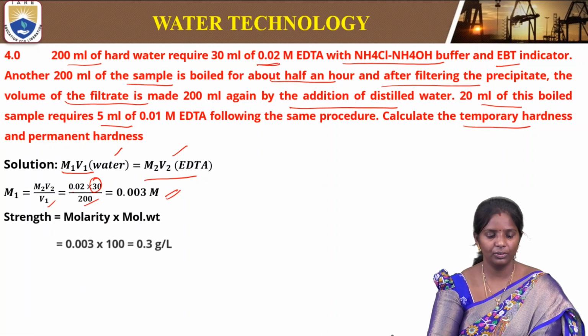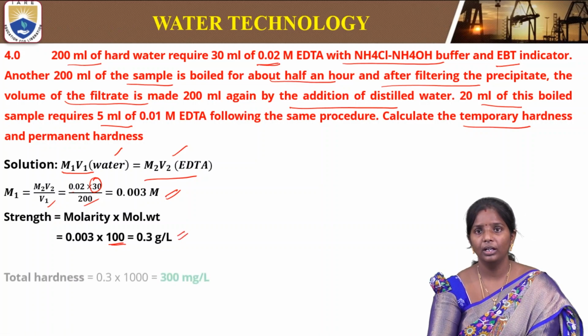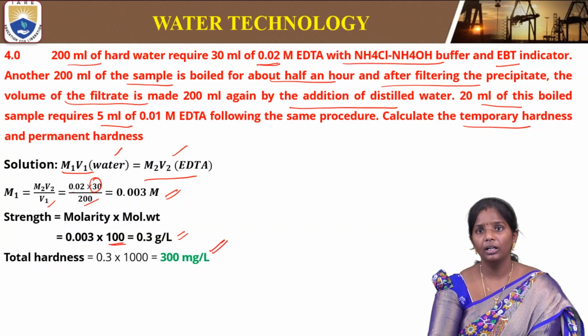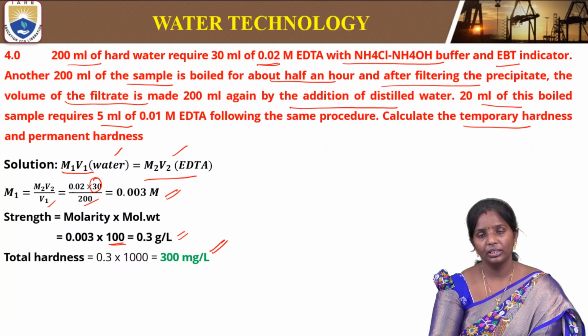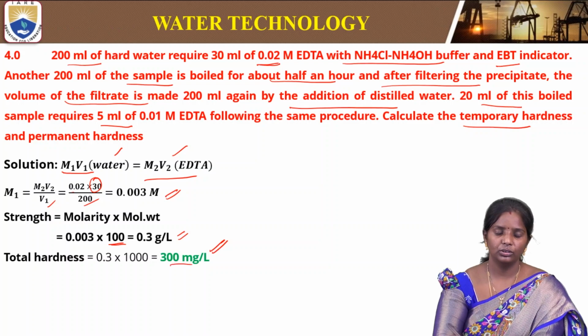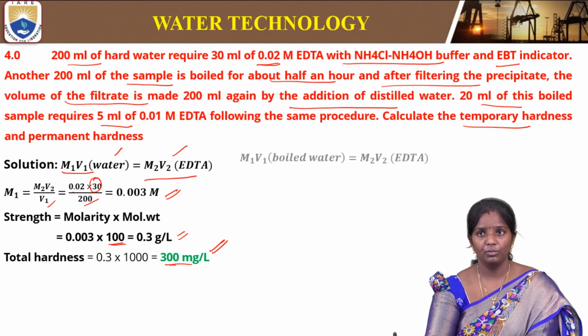Strength is obtained by multiplying with the calcium carbonate equivalent, giving 0.3 gram per liter. To express in milligram per liter, multiply with 1000, giving 300 mg per liter. So the total hardness is 300 mg per liter.